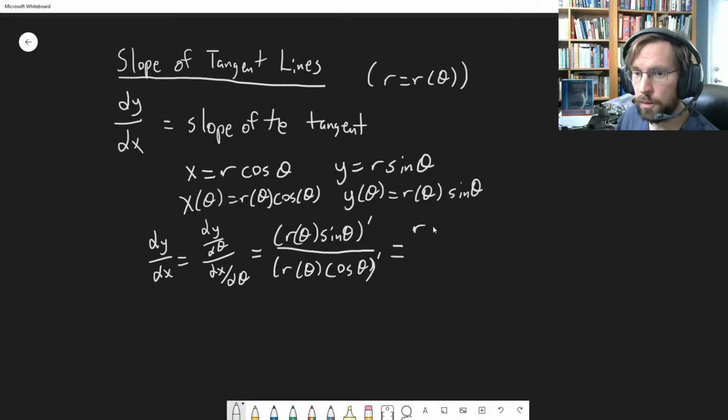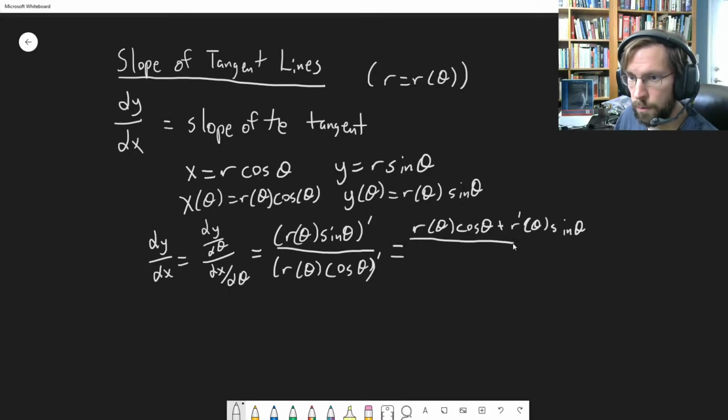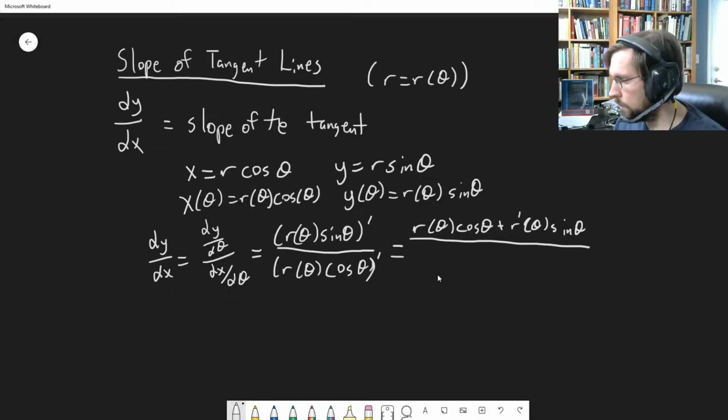So the numerator is r(theta) cosine theta plus r prime(theta) sine theta, divided by r prime(theta) cosine theta minus r(theta) sine theta.